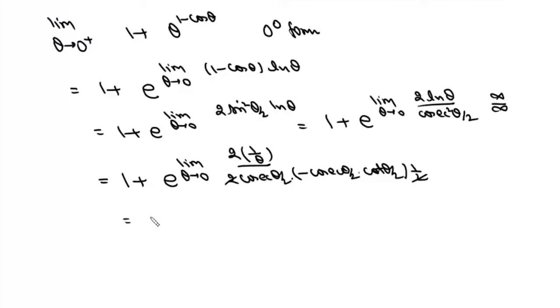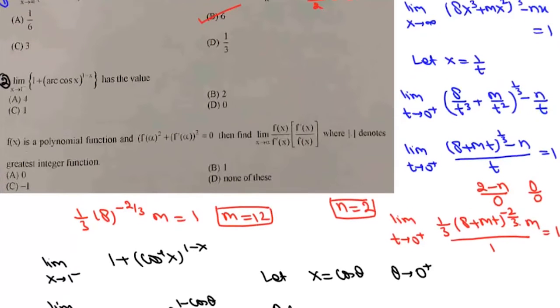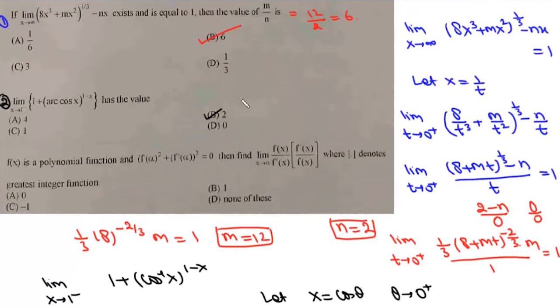Now we can write this as 1 plus e to the power limit theta tends to 0 of minus 2 sine theta by 2, sine square theta by 2, tan theta by 2 upon theta, and we multiply and divide with 2. This is 1 and sine 0 is 0. So this is 1 plus e to the power 0, which is 1 plus 1, and that is 2. So the answer to this limit is simply 2, and that's your option B.